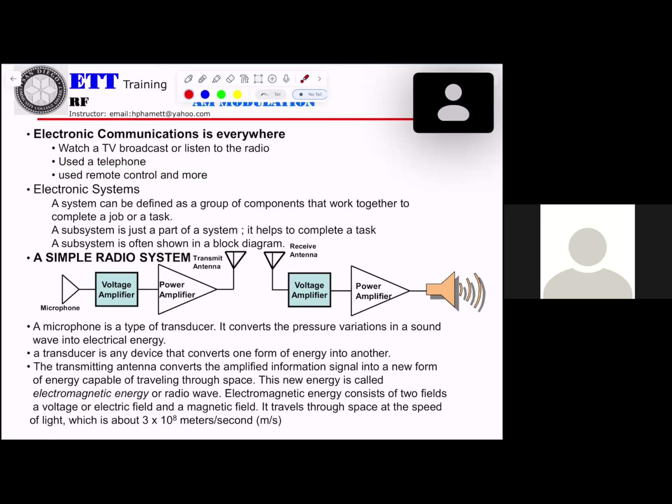An electronic system can be defined as a group of components that work together to complete a job or a task. A subsystem is just a part of a system that helps to complete a task. A subsystem is often shown in a block diagram.